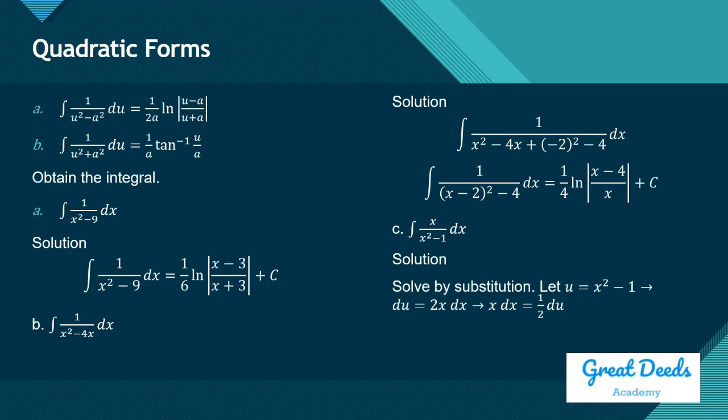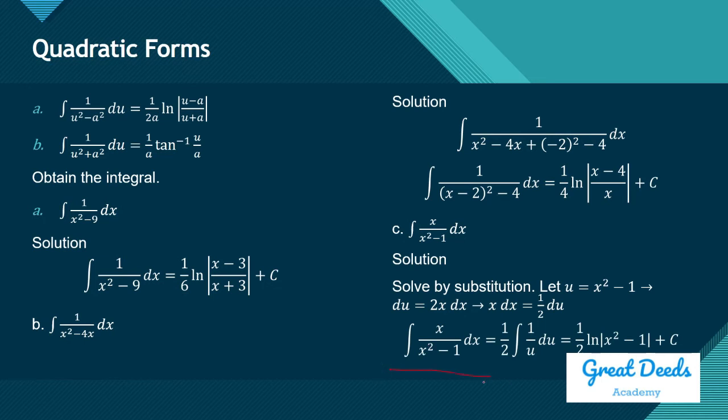Let u be equal to x squared minus 1. du is equal to 2 times x dx. So x dx is 1/2 times du.